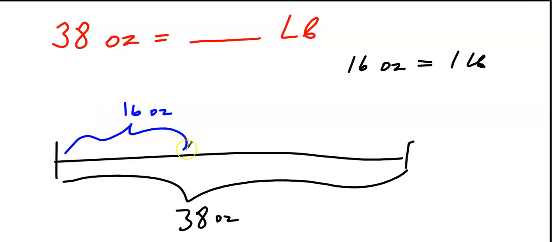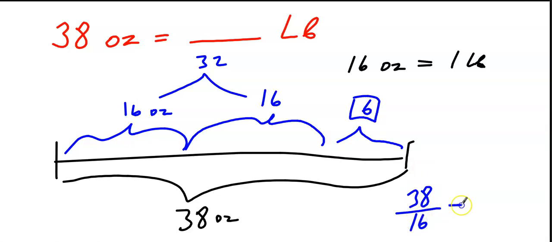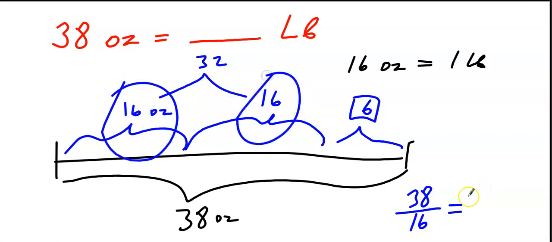So 16 ounces, another 16 ounces would give us so far 32 ounces. Now, if we are up to 32, how much is left over? How many ounces would be left? The answer is 6. So if we did 38 divided by 16, 16 went into 38 twice, the remainder was 6, and the denominator is 16.